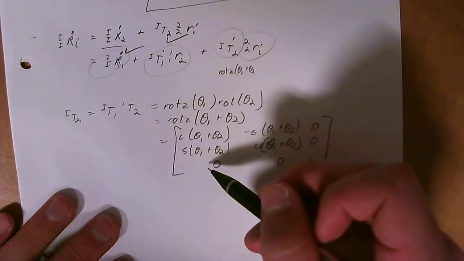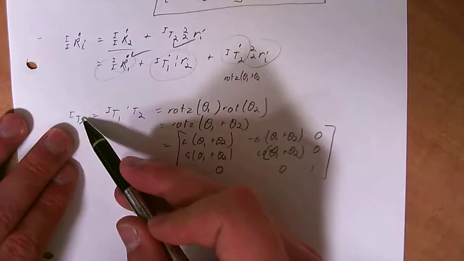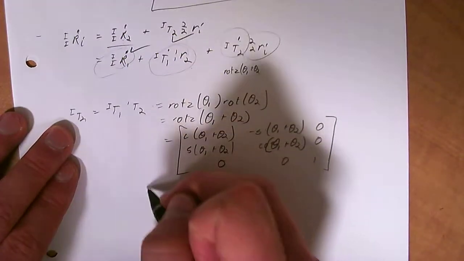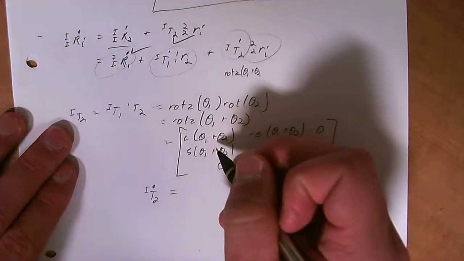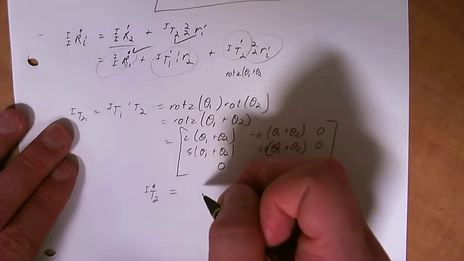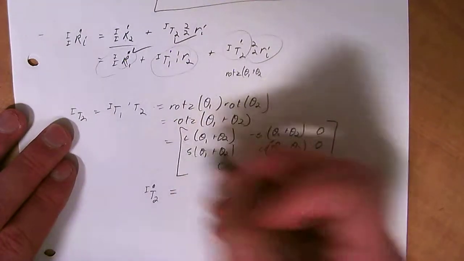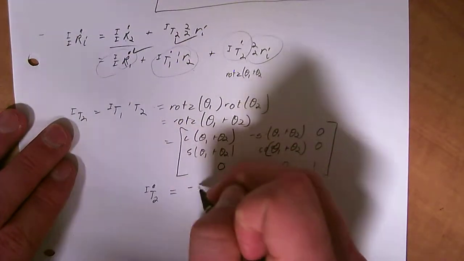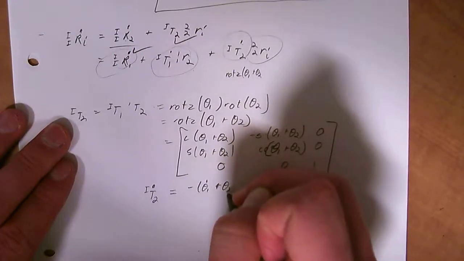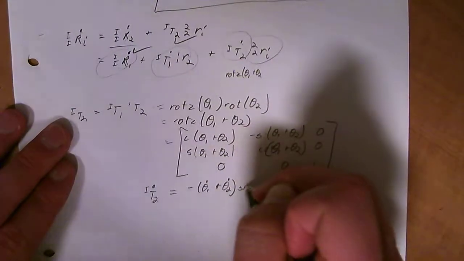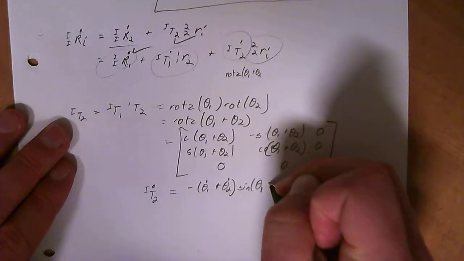Okay, and now we take the derivative of this because we want to get IT2 dot, which is what we're going for right here. So IT2 dot, the derivative of this entire thing, is basically going to be this dotted times the derivative of this, which is going to be negative theta 1 dot plus theta 2 dot. Actually, I'm not going to write this all out, because hopefully you guys can do this on your own.